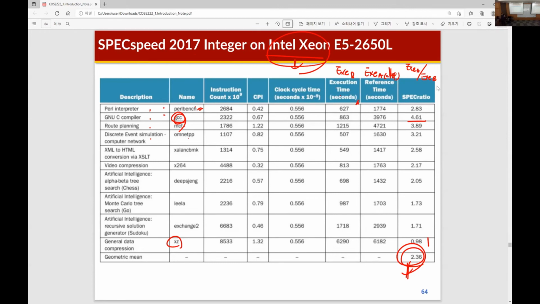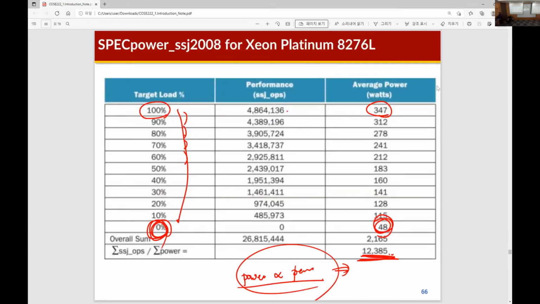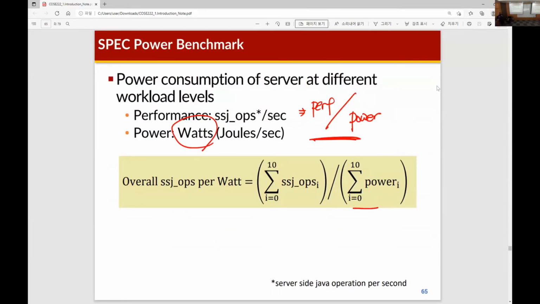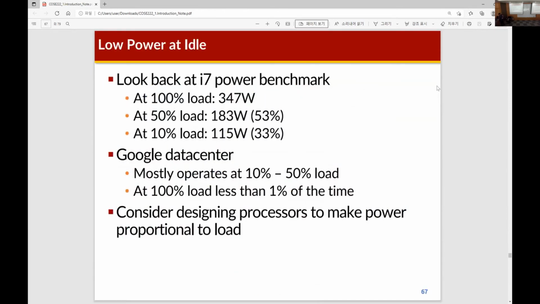Actually, this is constrained by the SPEC benchmark suite. Also, I mentioned we can use another kind of benchmark, SPECpower, to measure the power consumption by workload level.